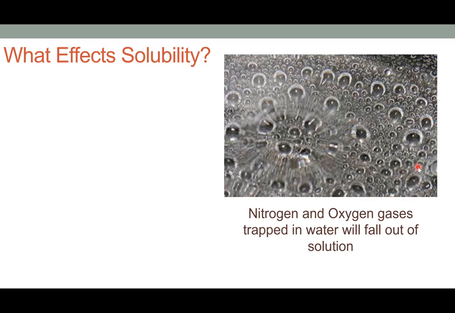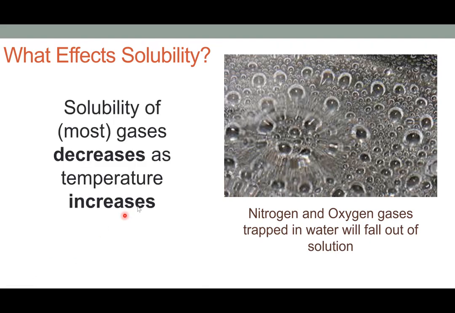So when you pull water out of your tap, there's nitrogen, there's oxygen that's dissolved in that water. But when you start to heat it up, that gas comes crashing out or falling out of solution. So what this tells us is that the solubility of a gas will decrease as the temperature increases.